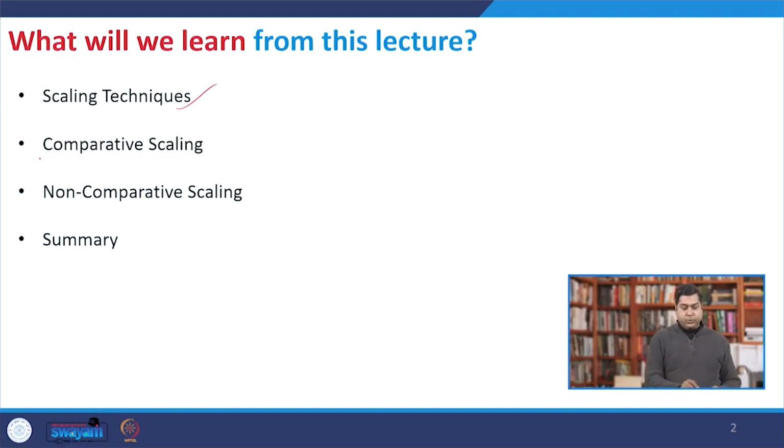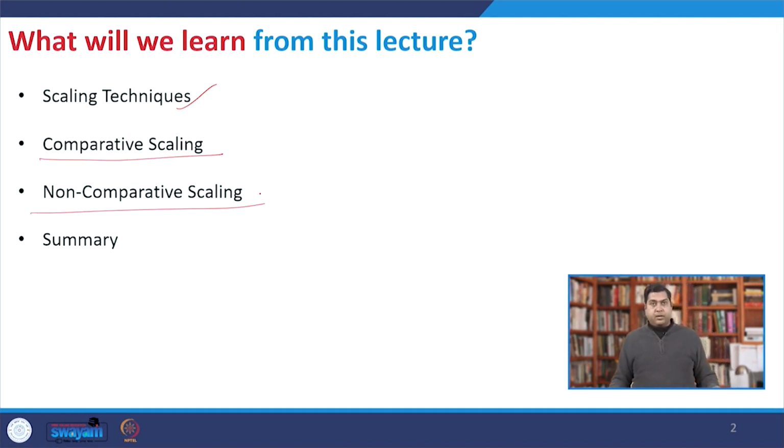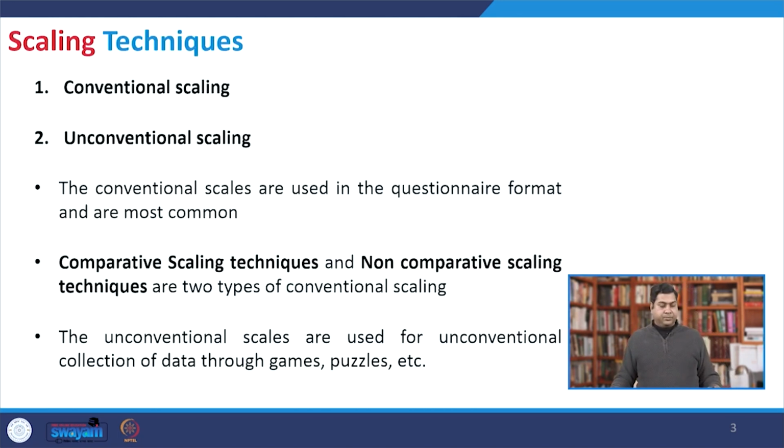Then we will discuss two types of scaling: comparative scaling, where comparison is of interest to the researcher, and non-comparative scaling, where we are not comparing but just try to measure, and then we summarize our findings.